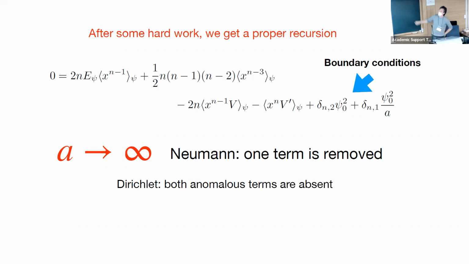If the problem is Dirichlet boundary conditions, here you get psi of 0 and psi prime of 0 vanishing. So this goes away, and you get the trivial recursion that we had before. If you want Neumann, that's A to infinity. You don't get this one, but you still get this one, the delta n2 psi of 0 squared. And then in the general case, you have both of them.